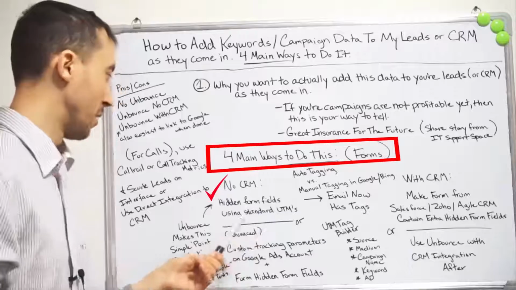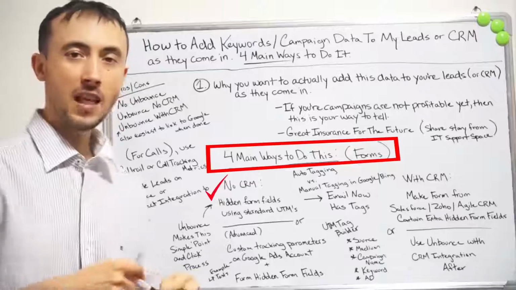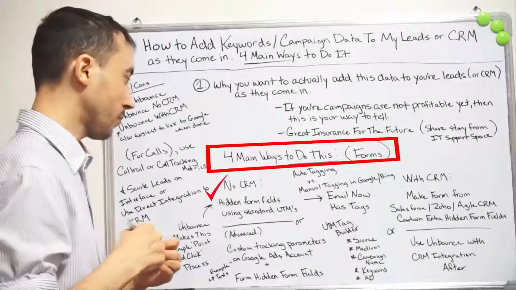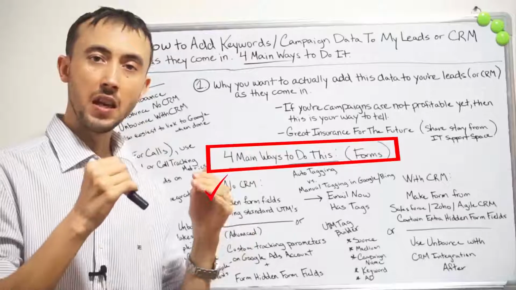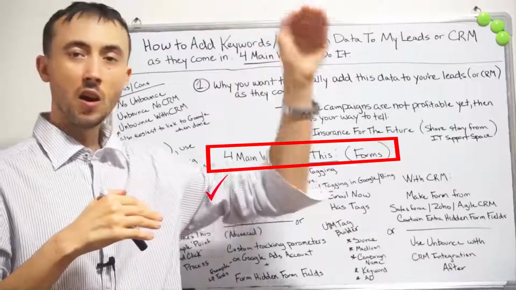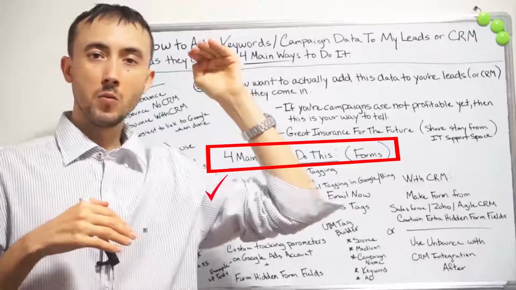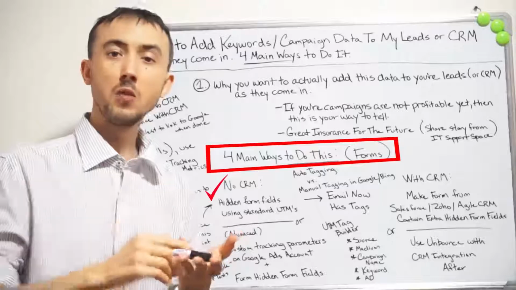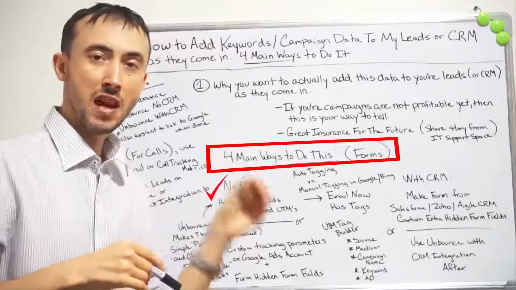So if you have no CRM, all you're going to do is take the forms on your site and add what is called a hidden form field. You can just Google that. Basically, you're going to add a hidden form field for the campaign name, because Google puts the campaign name and the keyword and so on in the URL for the user inside their browser after they click on your ad.